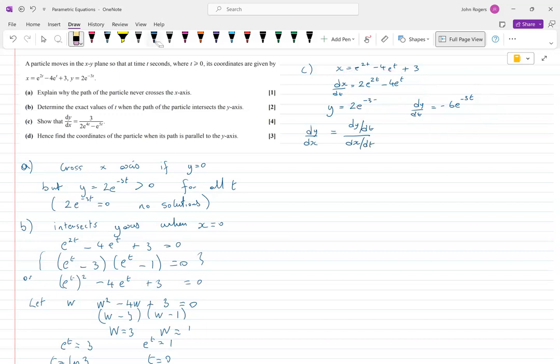And that is going to be equal to minus 6e to the minus 3t over dx by dt, which is 2e to the 2t minus 4e to the t.